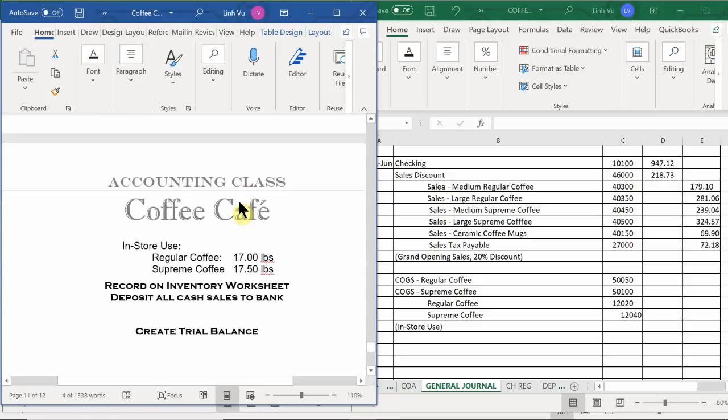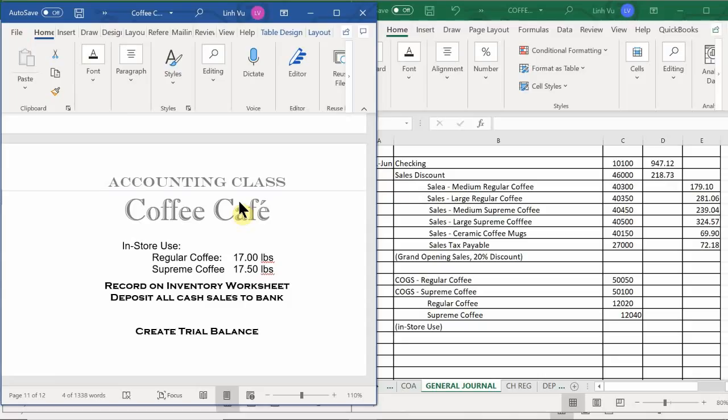So it says right here, in store use, we used a total of 17 pounds of the regular coffee and 17 and a half pounds for the Supreme coffee. Okay, and the other two things that we have here is put the bank in the deposits and inventory worksheet, which is what we're going to do.